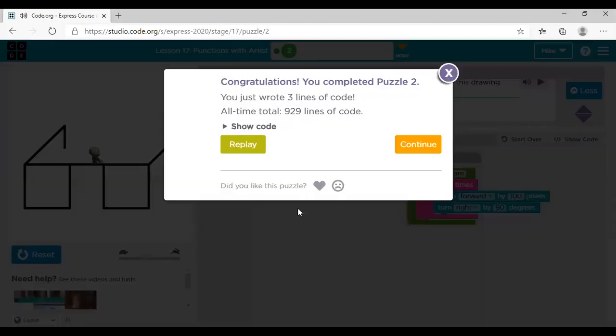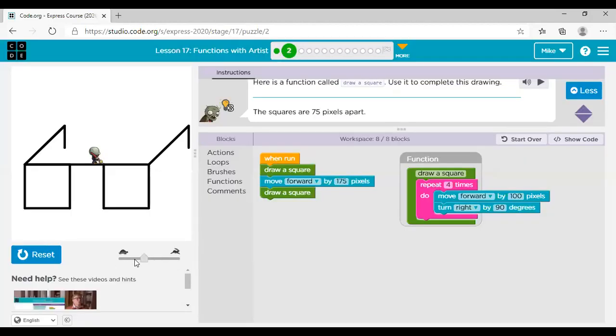There we go. And then we finished our code. I'm just going to replay that, and I'm going to make it nice and slow so that you can see each step. So remember, we've got draw a square, which is our function code over here. We've got move forward, which is this space over here, and then one more draw a square.